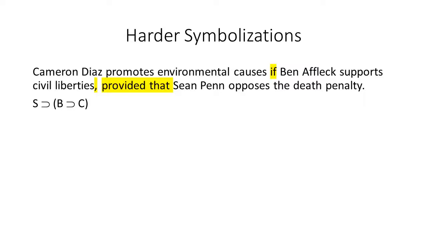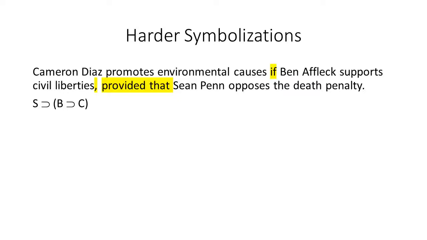Now we have this provided that Sean Penn opposes the death penalty part. What does that do? Consult your little chart in the book or a few slides back. We know that provided that is going to be symbolized with a horseshoe. The question is, where do we put it? Provided that is the same as if.